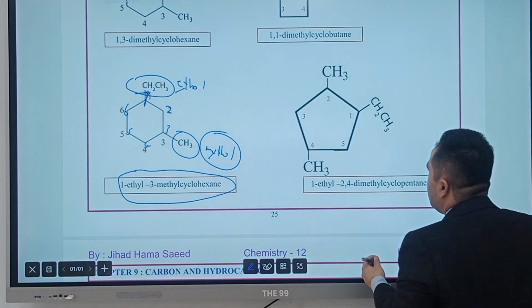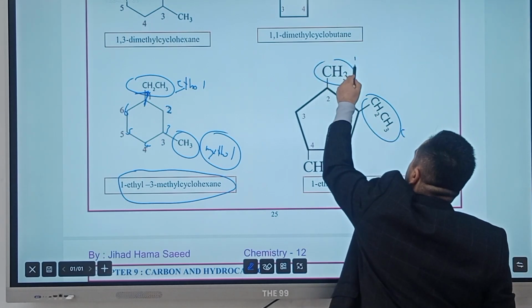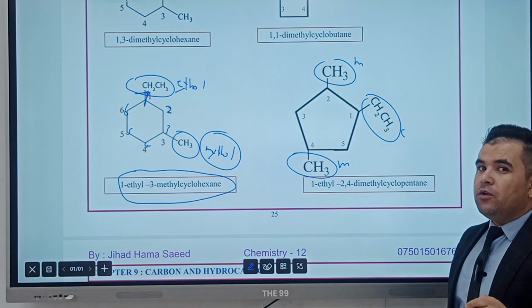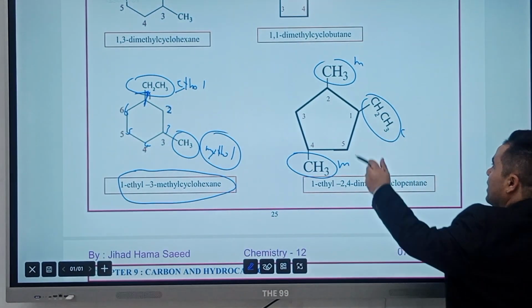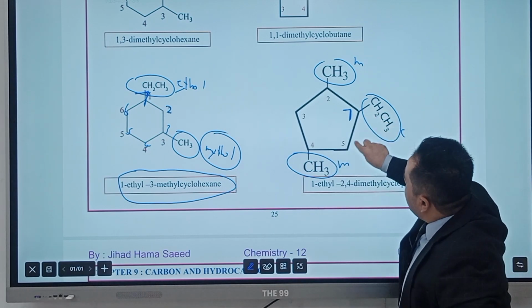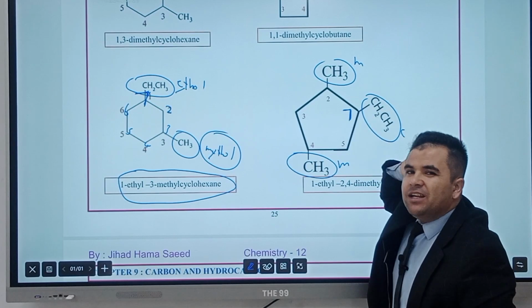The other branch we have got is ethyl, methyl, and then methyl. From which one do we have to start? Always the alphabetical order. So first goes to the ethyl. In this direction, the third is a branch. In that direction, the second is a branch.